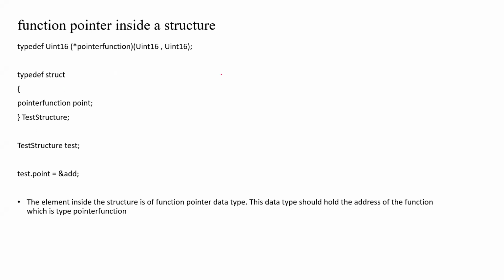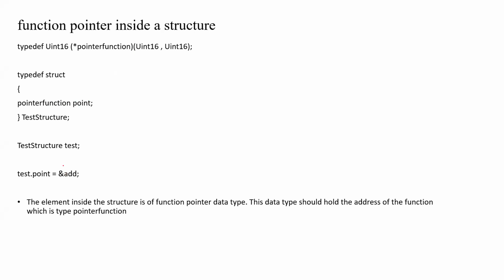This is another, slightly different topic. Let's assume you want to have a function pointer inside a structure. Everything remains the same, but one element of the structure is of function pointer data type. You created the variable as point.